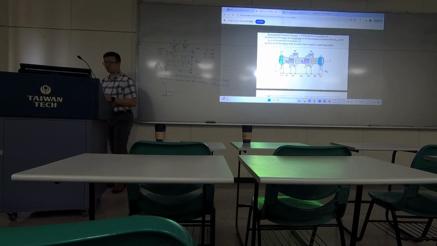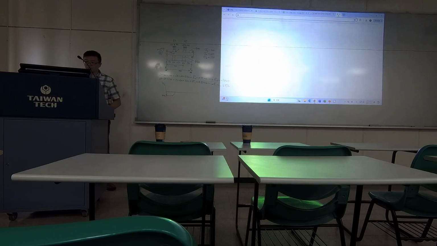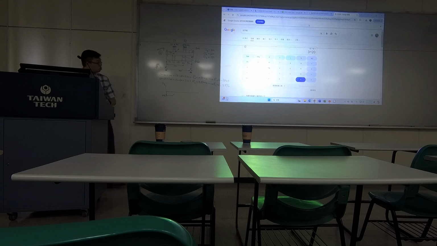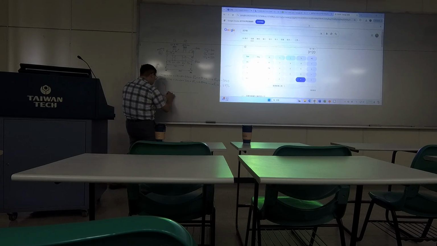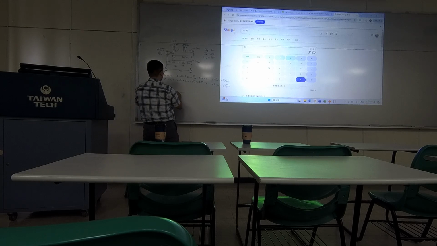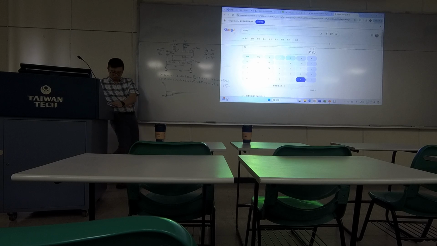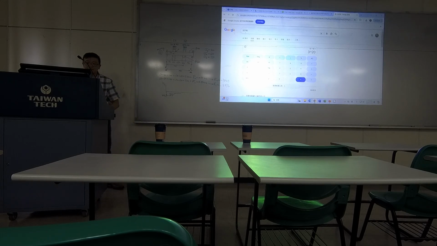Let me see how much. 52 times 60. That's 3120. So this is 3120 up to here. And then going right, and you will go up again. 68 times 20.